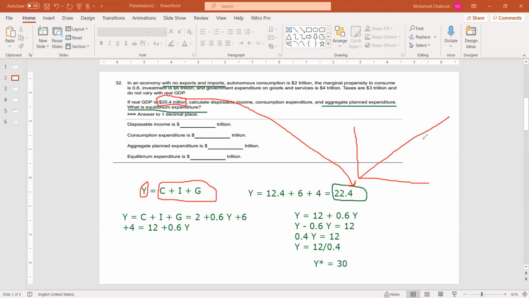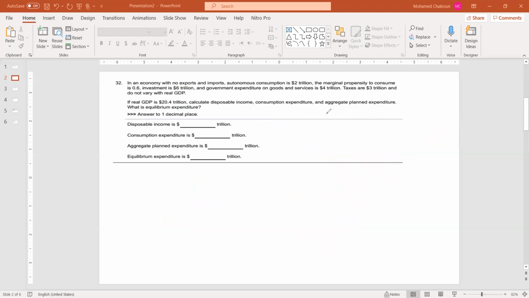This is the 45 degrees line, and this is the aggregate expenditure line. In other words, we are looking for this point, which is equal to 30 in our example. This is regarding the second question.